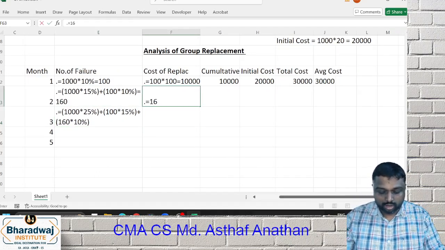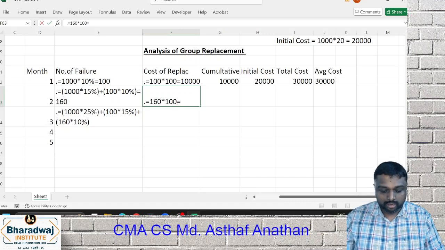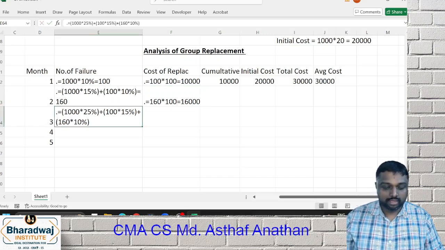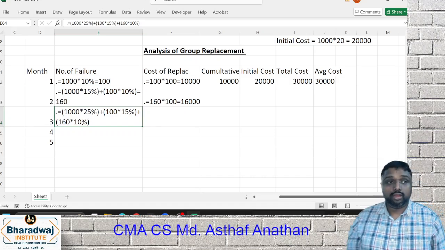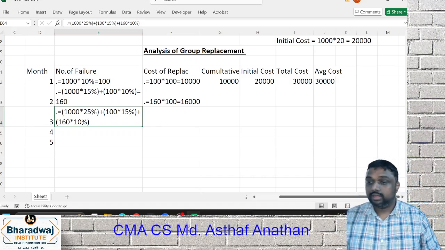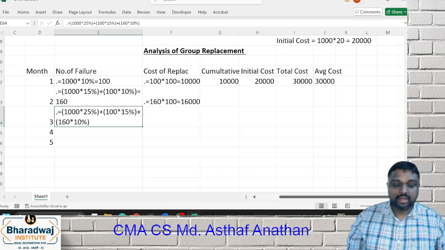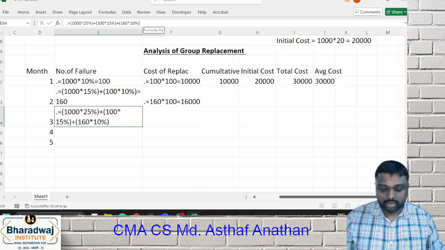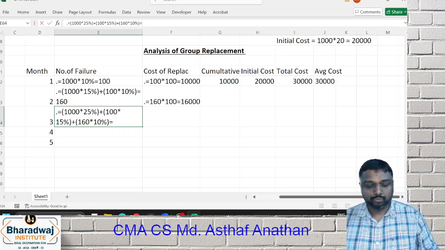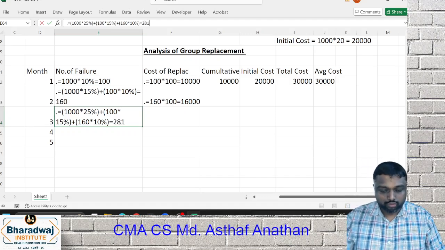So here you will get 160 into 100, you will get 16,000. Here what will you get? What is the number here? Can anyone say? 1000 into 25%, you will get 250. Then 100 into 15% plus 160 into 10%. What will you get? 281.